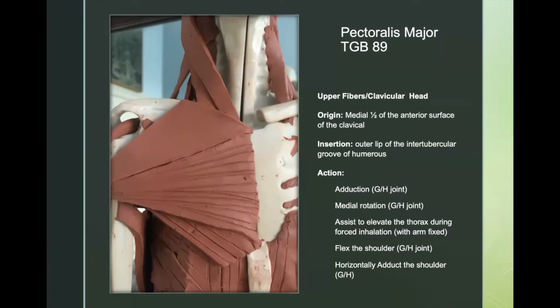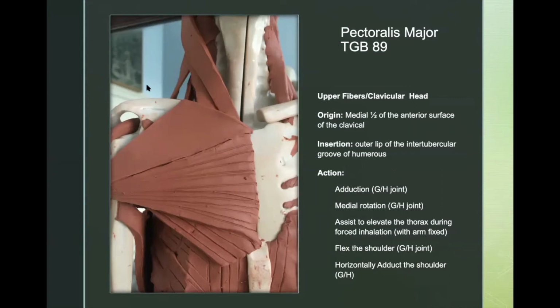And this one actually attaches the lowest on the humerus, even though it originates at the highest point of all three pieces. So this portion as well adducts the shoulder joint, medially rotates it, assists with that forced exhalation, but this one flexes the shoulder, okay, because of where it's situated.